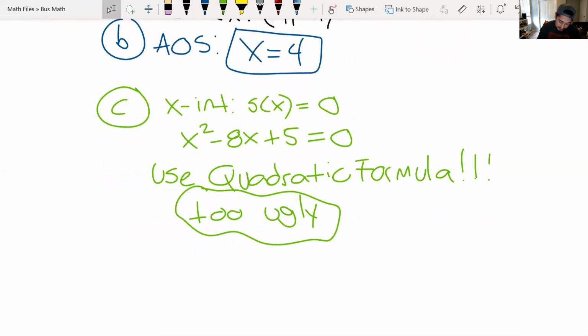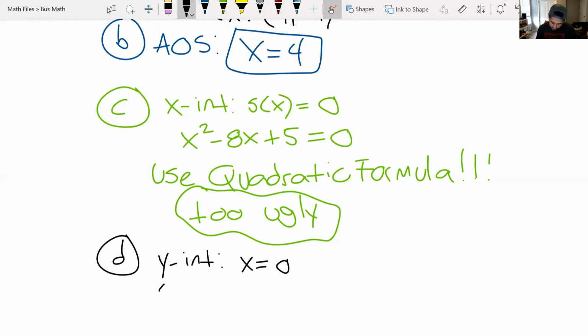So now D, y-intercept. Let X equal 0. So I'm going to have S of 0 equal to 0 squared minus 8 times 0 plus 5.